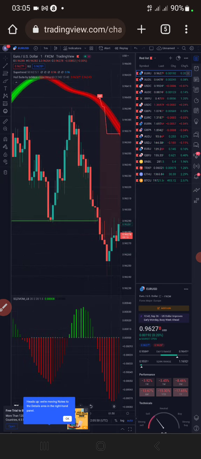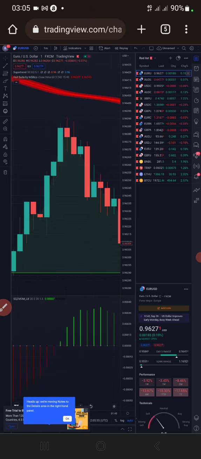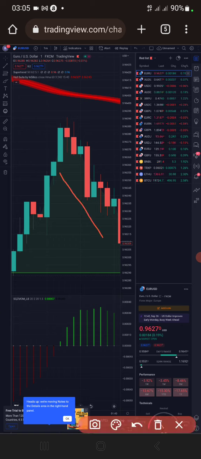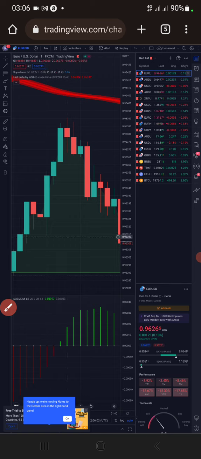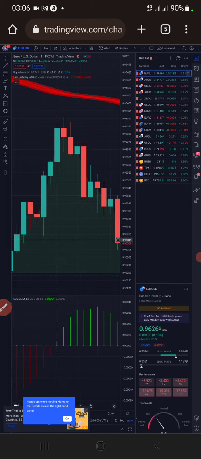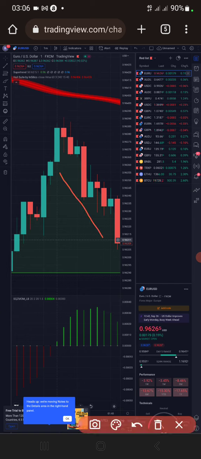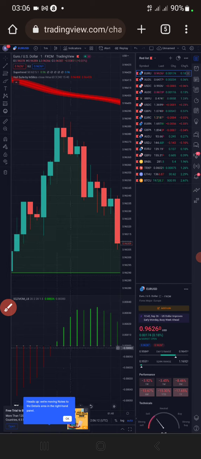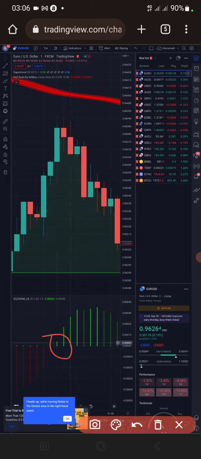Another thing you guys need to note is that once you see it move to the green side, it means that the market is likely to move up, as you can see right here. But what happened here? The market moved down instead of moving up.